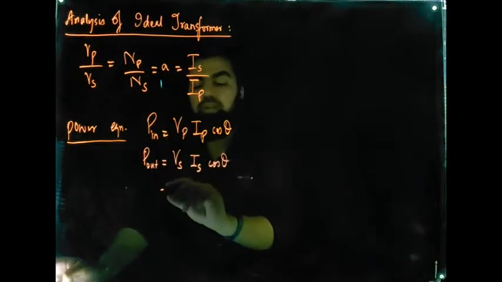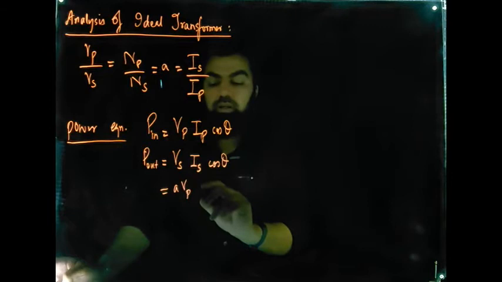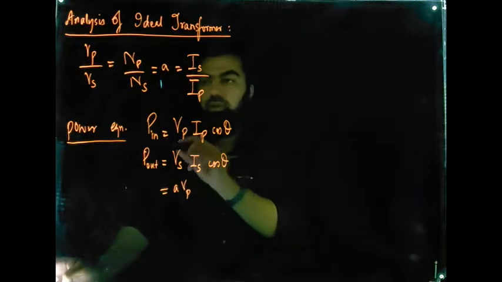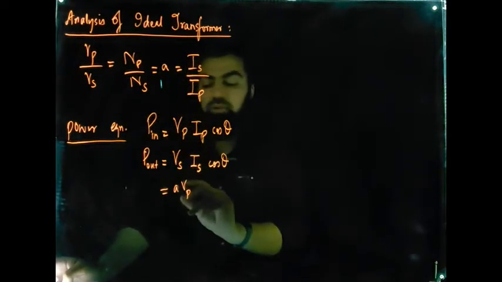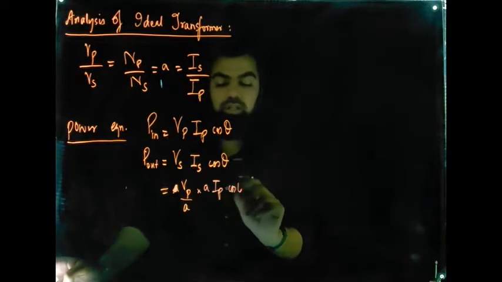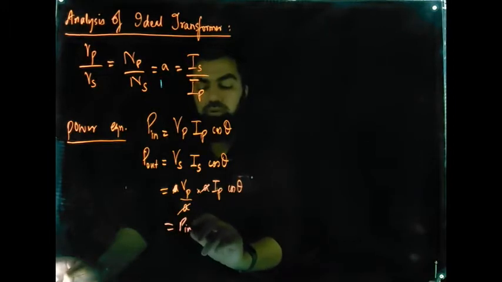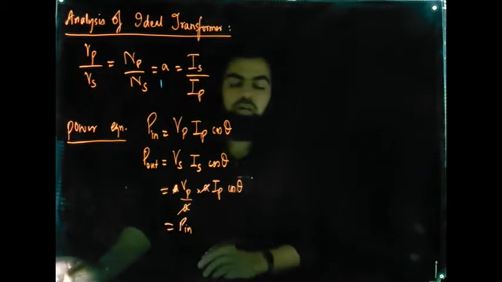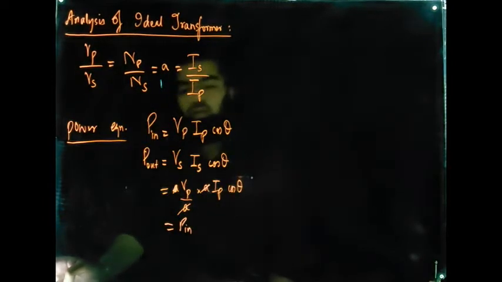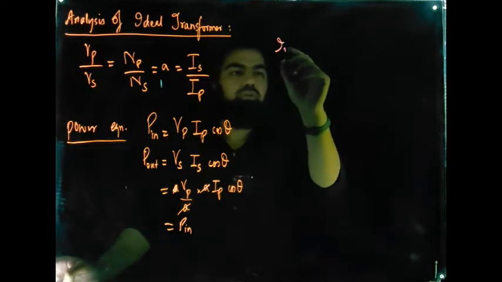Now we know already Vs is equal to Vp divided by A, sorry, and Is is equal to A times Ip. So A and A go, so this is Vp Ip cos theta. So that's actually the input power. We have already pointed out that in a transformer, the output power and the input power basically remain the same.